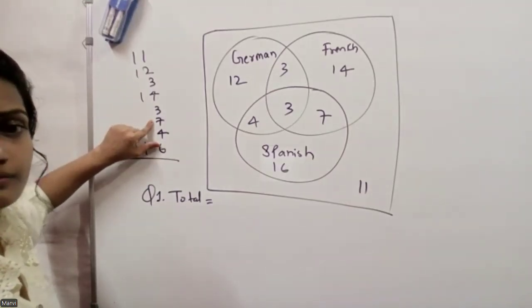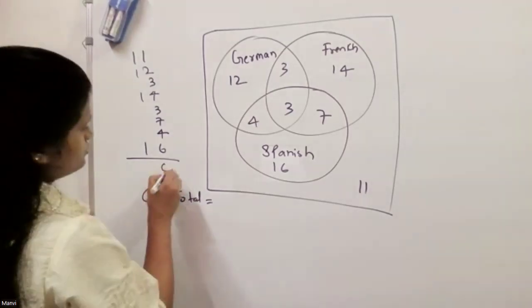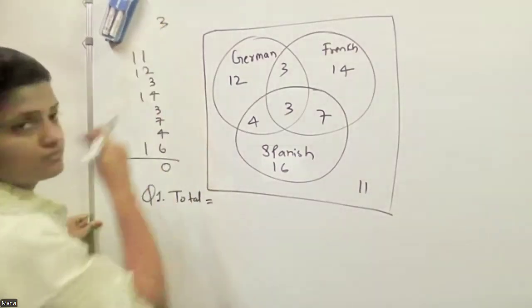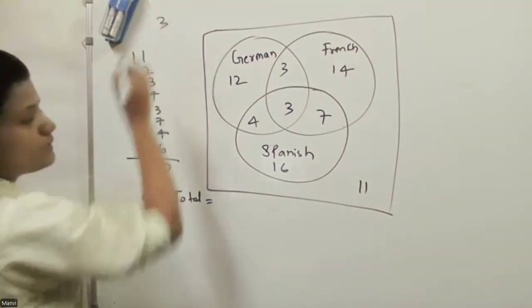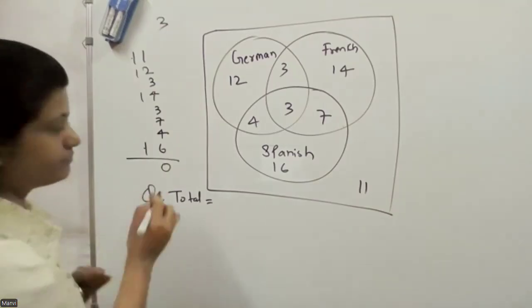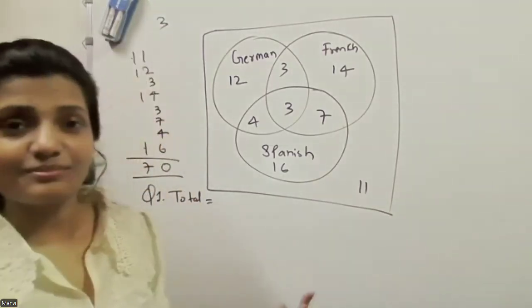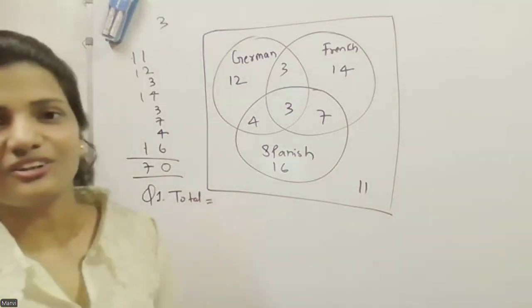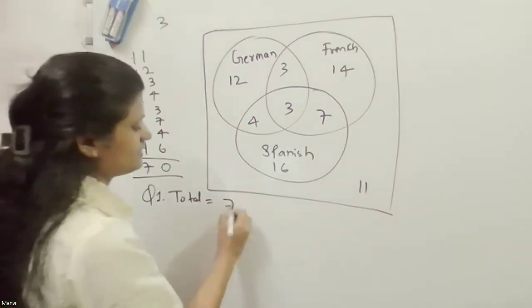So it will be 0 and then 3, we have 3 as carry. Then 1, 2, 3, 4, and 4 plus 3 will be 70. So total will be 70, right?